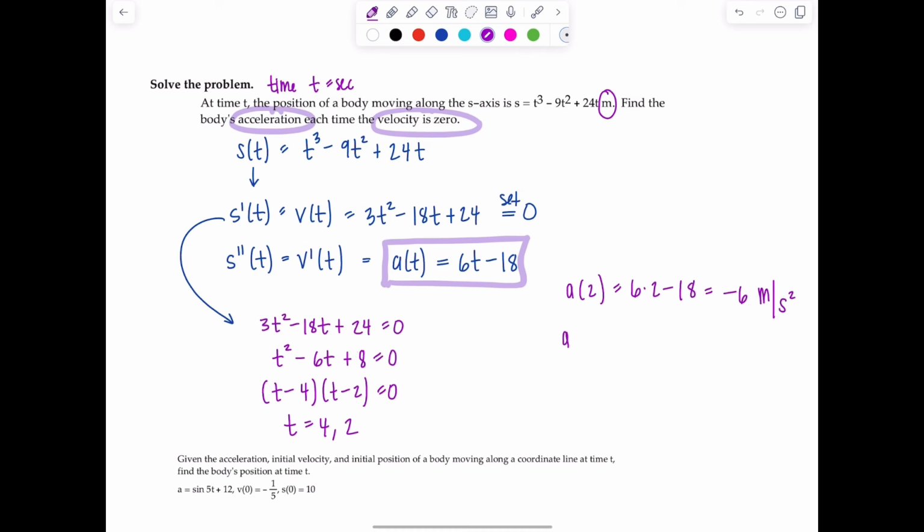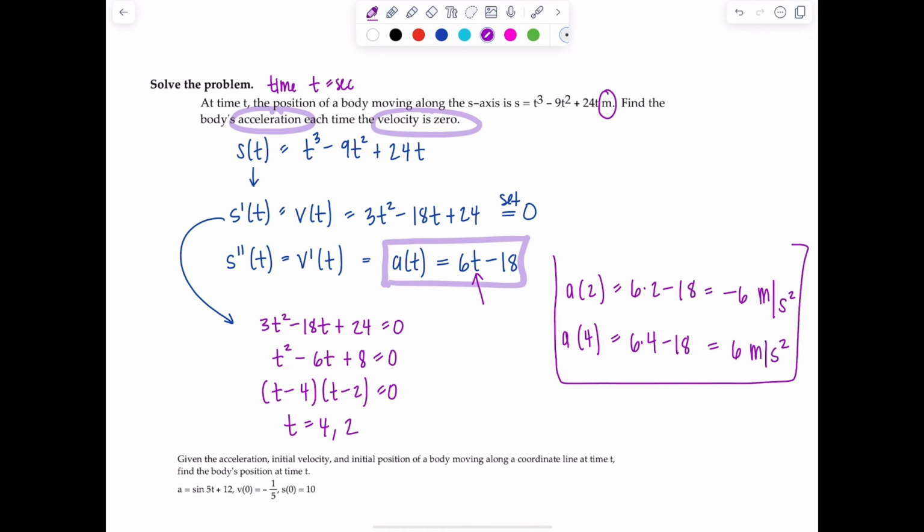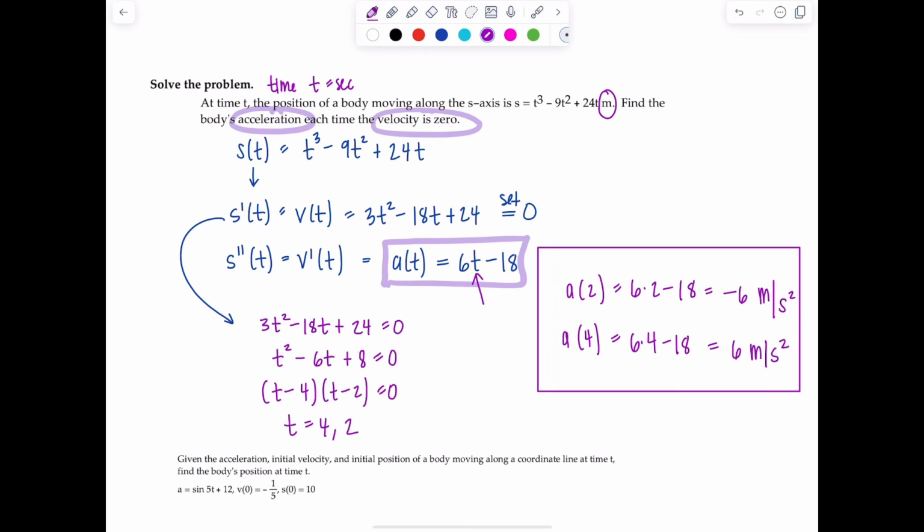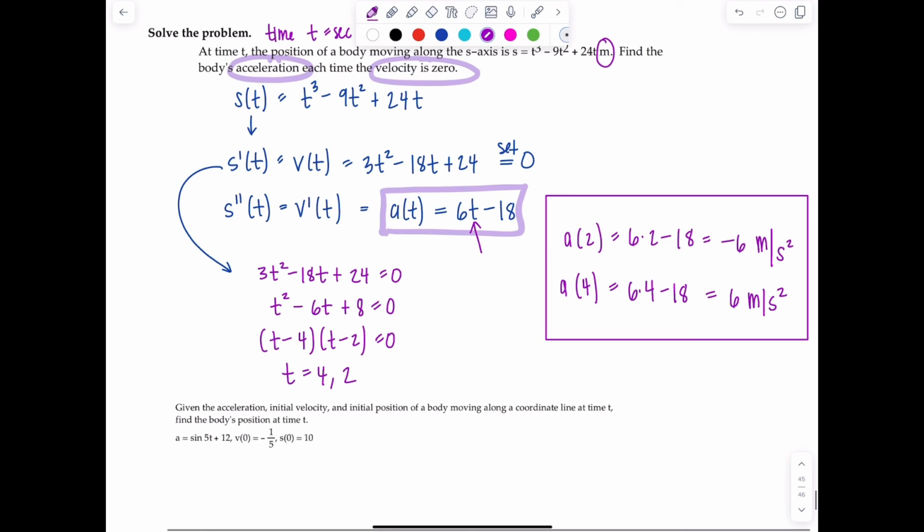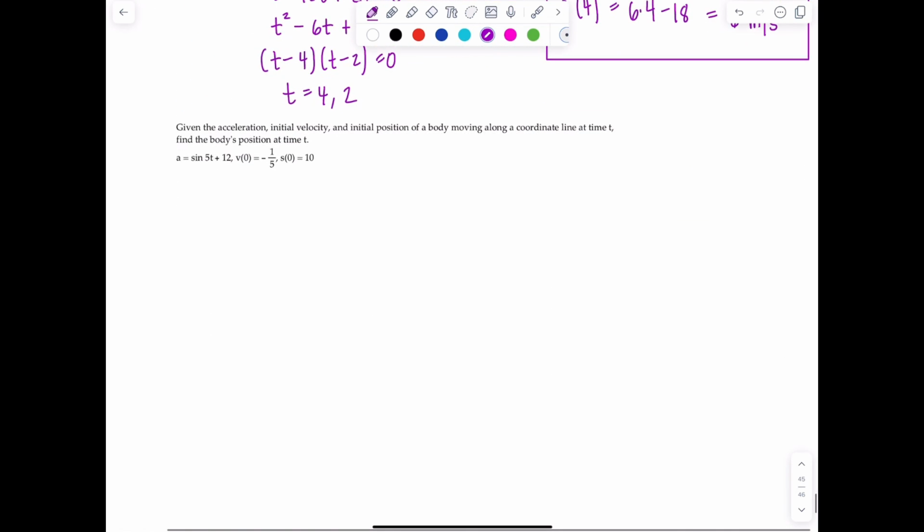And then acceleration at 4 seconds: 6 times 4 minus 18. 24 minus 18, that's positive 6 meters per second squared. So don't forget your units, especially if the problem mentions what they are, then it's part of the solution, okay? All right, this you could have done before learning antiderivatives, but now I just wanted to refresh your memory on particle motion. We're going to go the other way, okay? What do I mean? You'll see.